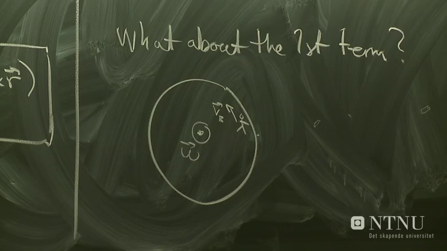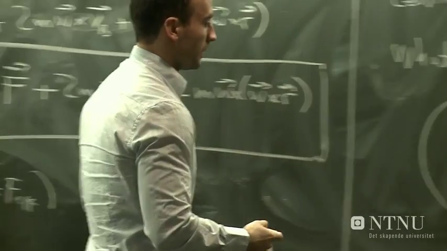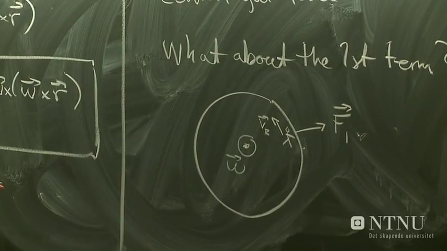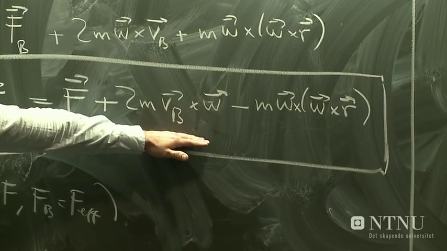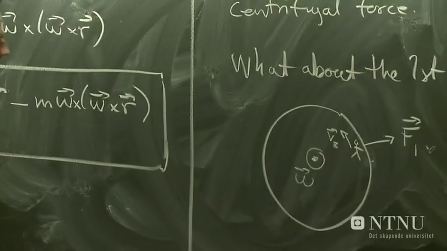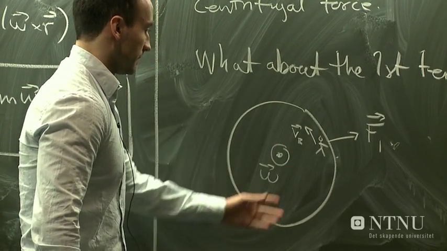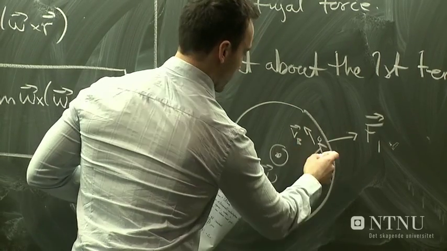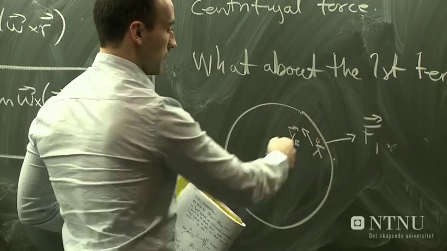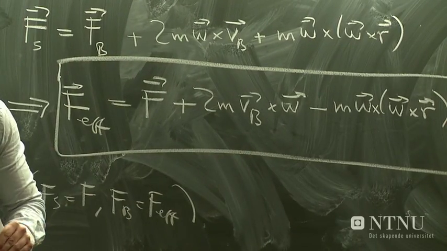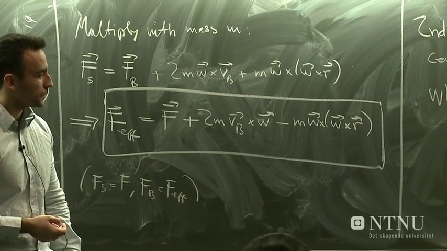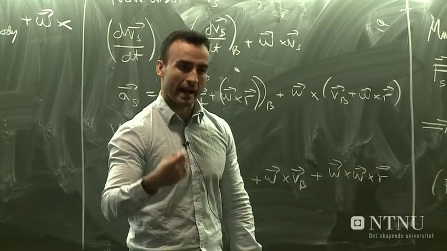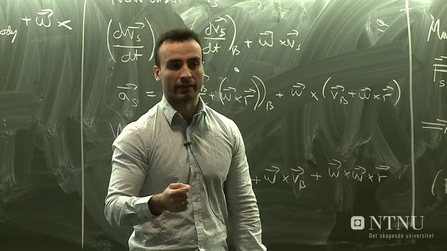So VB crossed with omega means that there's a force F1 acting on you, stemming from this first term, pointing somewhere like this. In this particular case, where VB is pointing that way, it's pointing outwards. But let's say you're moving in some arbitrary direction, then F1 would still be perpendicular to the velocity and omega. And this is the Coriolis force.